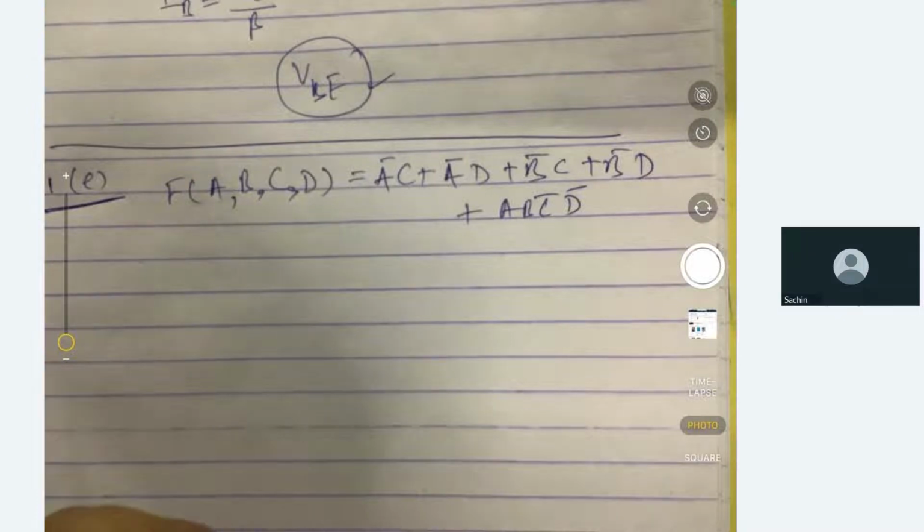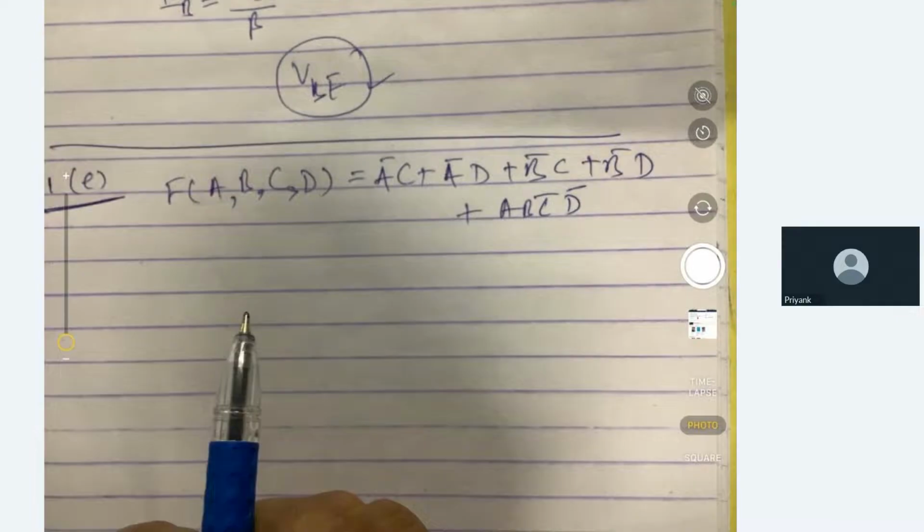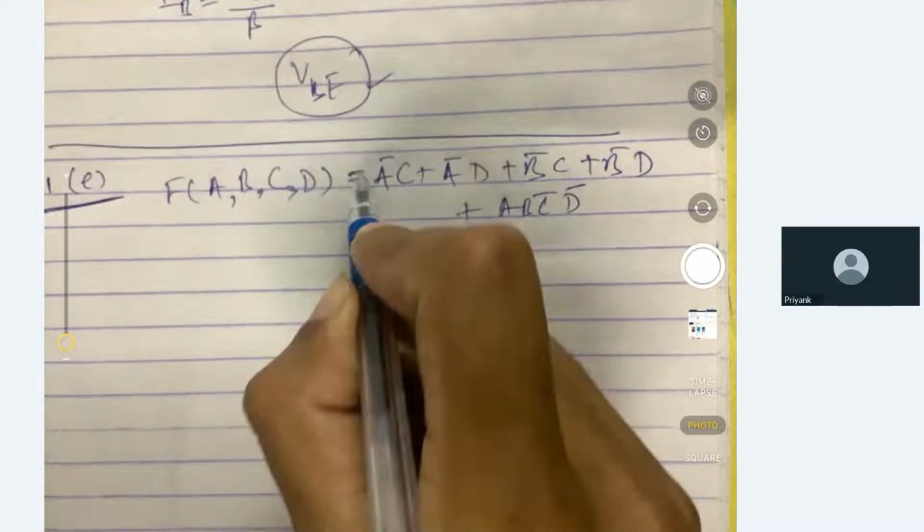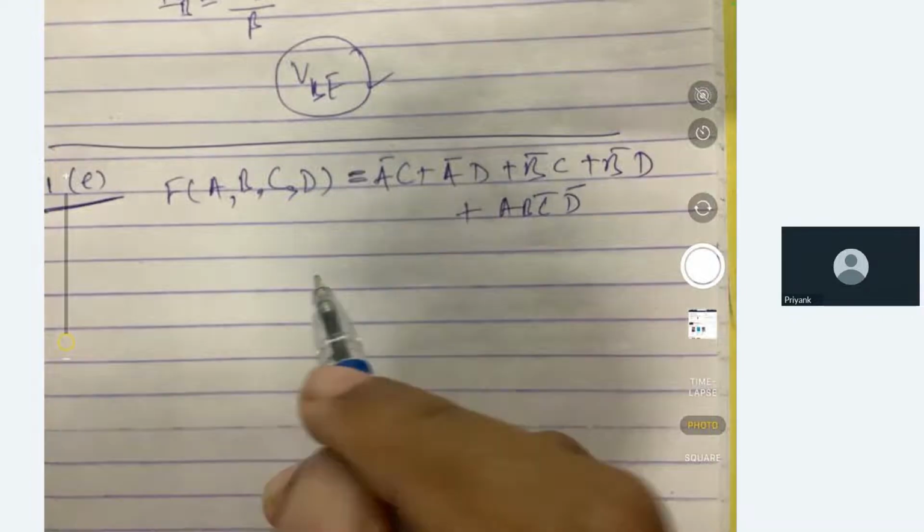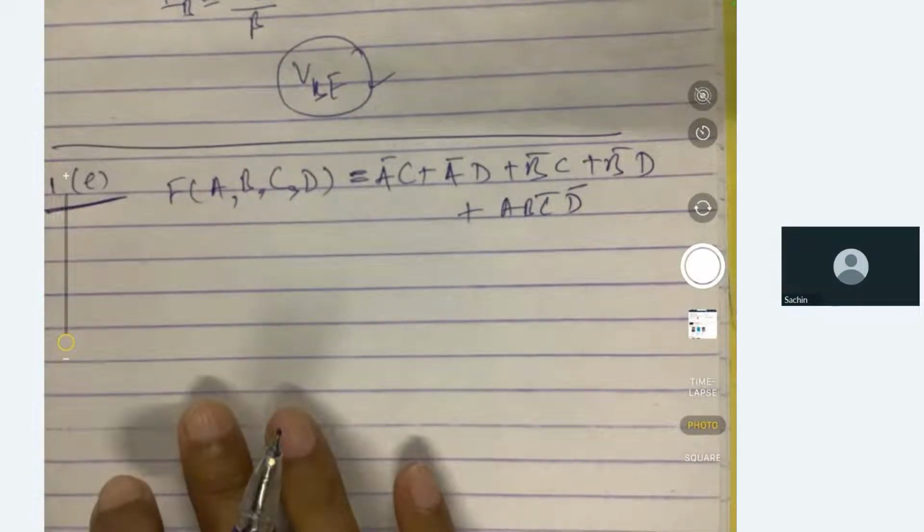Yeah, I think without K-map also we can solve this. In the actual exam I did it through K-map. Okay, then you can do it with K-map also. Whatever is comfortable for you.